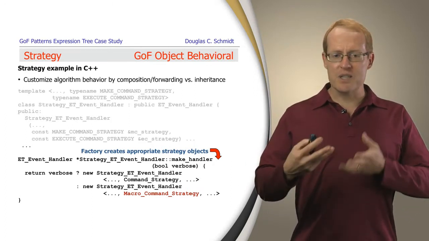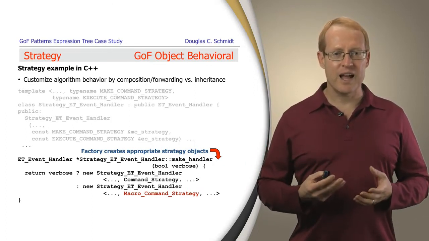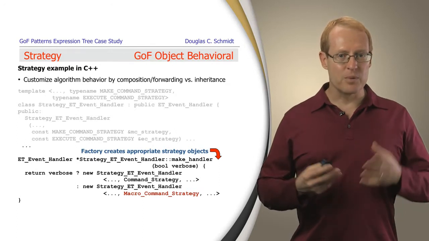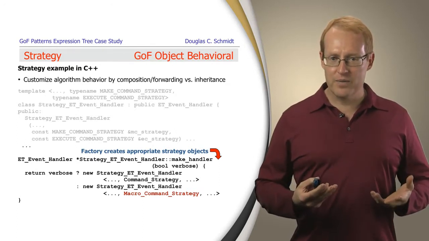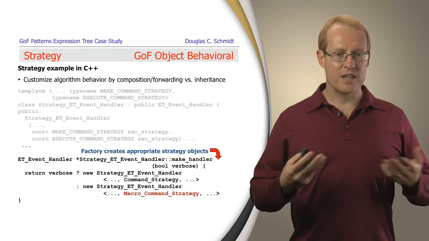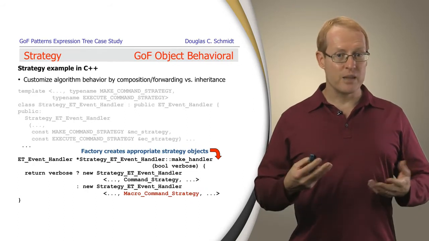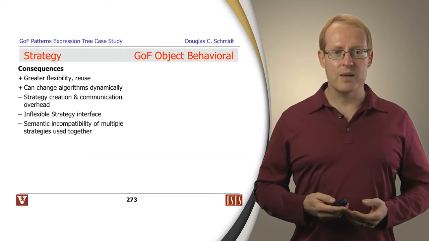And I've left out some of the details, but you basically get the idea how you could do this in a very plug-and-play-like way by defining different command strategies, different types of strategy objects, and then plugging them in through the magic of parameterized types.